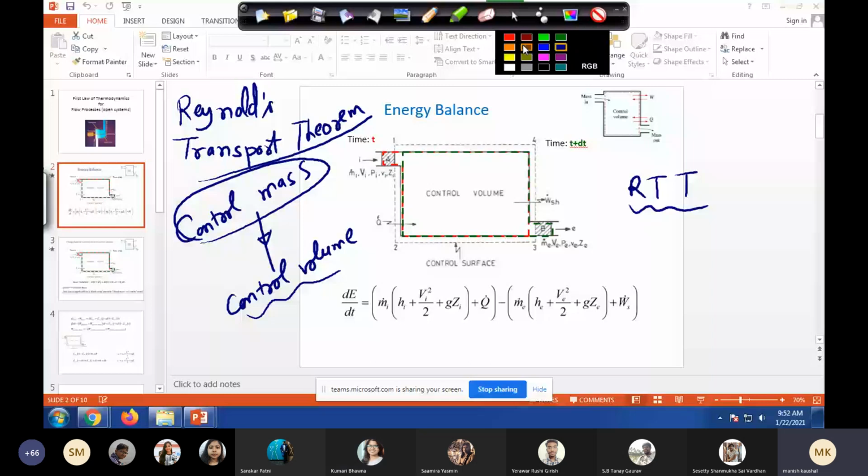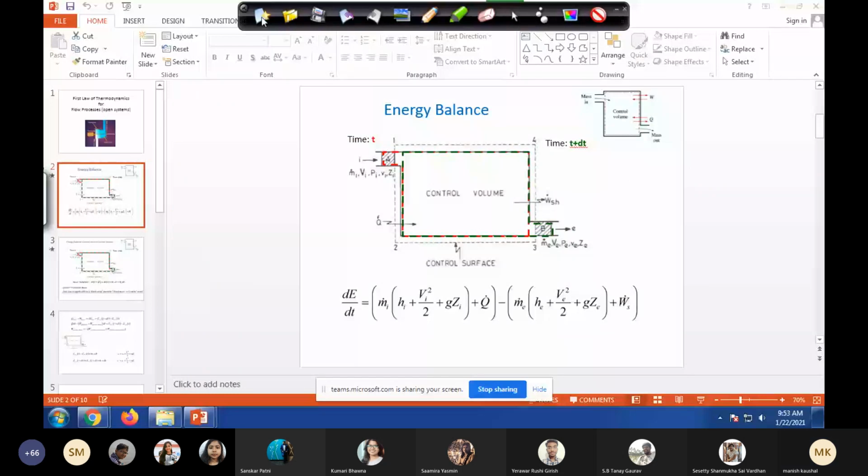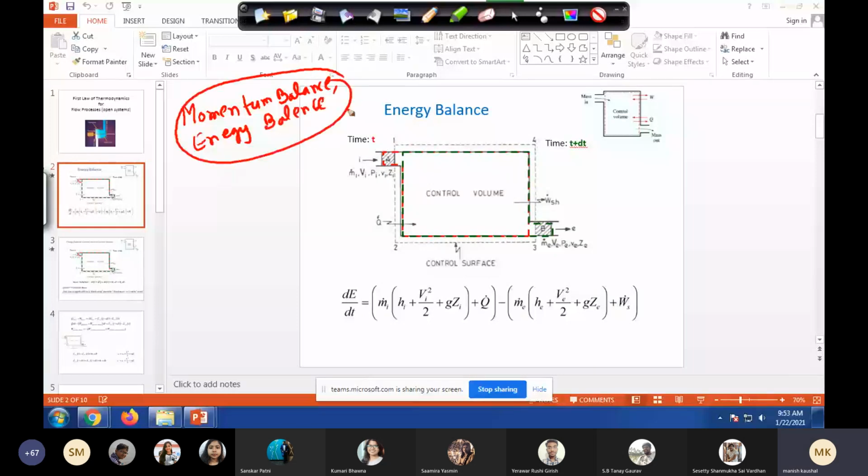Okay, so just to summarize what we discussed. Momentum balance, or let's say energy balance, these principles are valid for control mass.